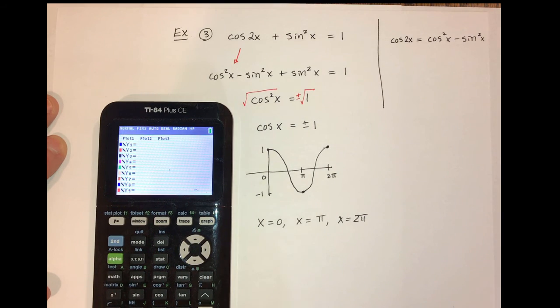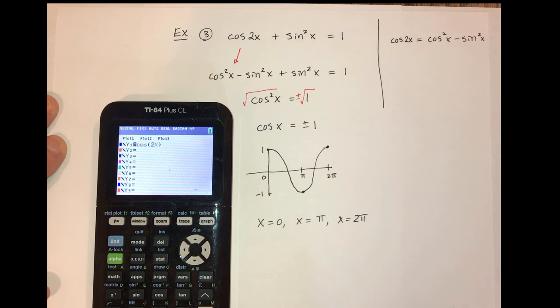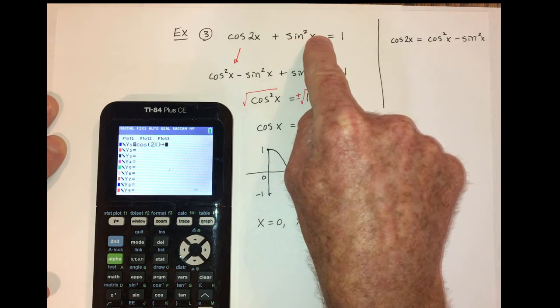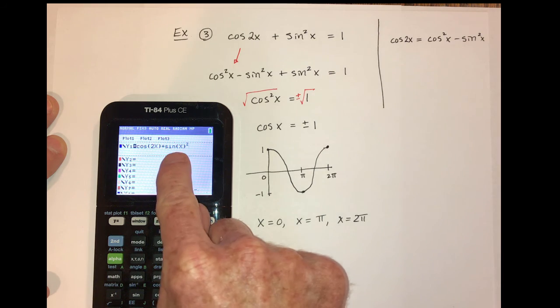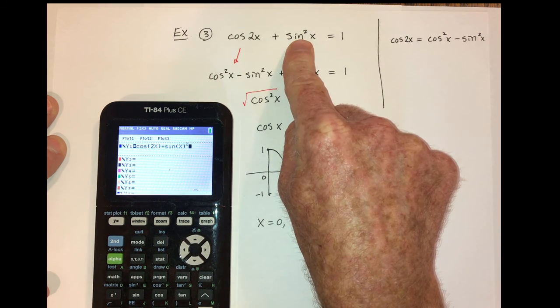Then I want to check and make sure that I got it right. So cosine of 2x plus sine squared. So the calculator doesn't allow me to write it like this. It wants the square at the end. So you put sine of x, close the parenthesis, and squared. So that's the calculator's way of doing that.